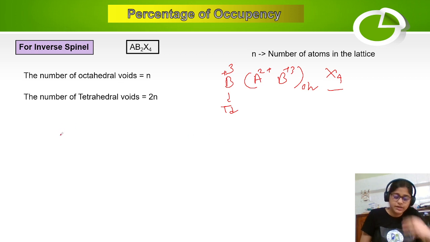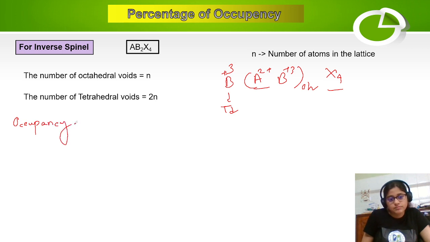So if, let's say, you are asked the occupancy of the A2+ ion in this inverse spinel, what will be the occupancy of the A2+ ion? Okay, it is now in octahedral void, and octahedral void is 4.